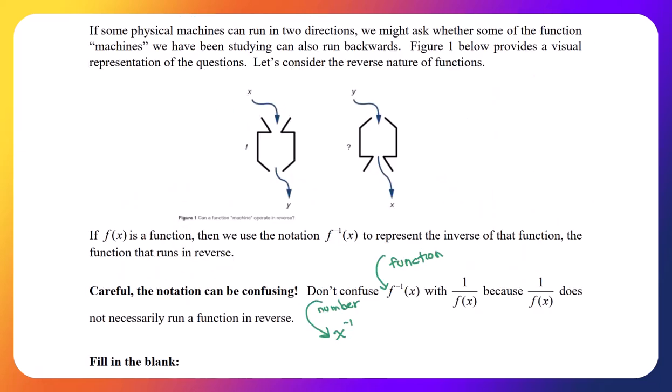The idea of a machine might make sense to you in that if an x goes in, only one y goes out, not two. And if a y value goes in, notice this is upside down, backwards, only one x value comes out. Notice the orientation of these two drawings.